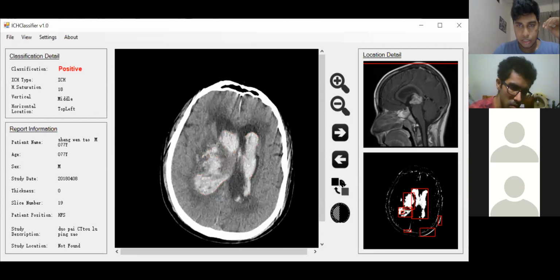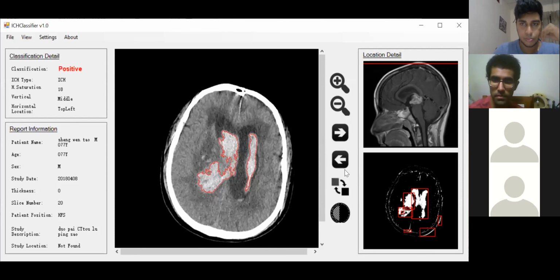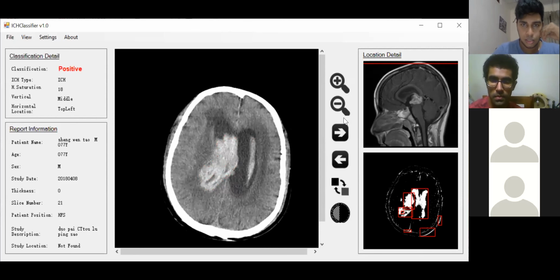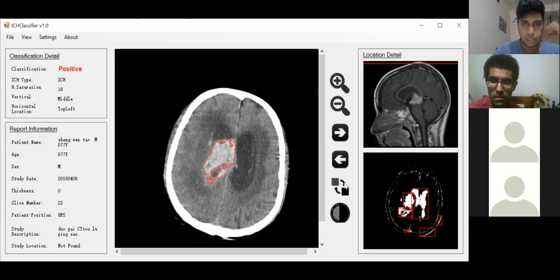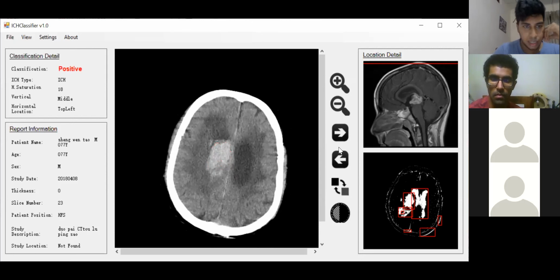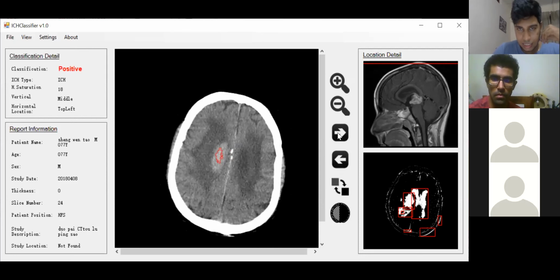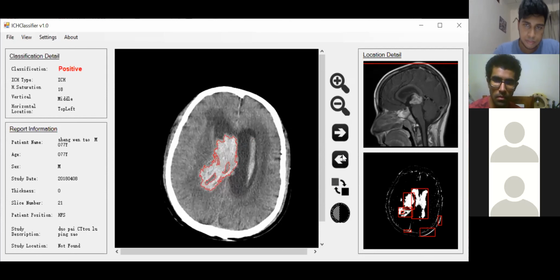The other structures on the side are the brain tissues. You can see the hemorrhage. Can someone tell me, does this look like a subarachnoid, or what is the type of hemorrhage?